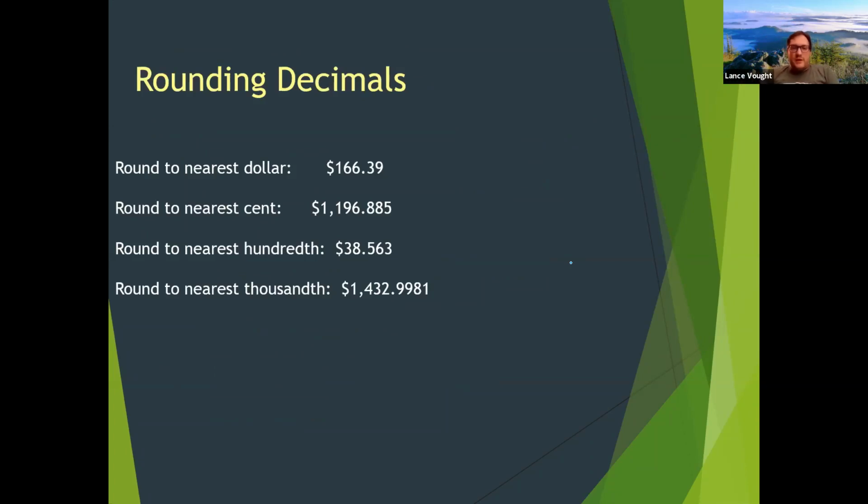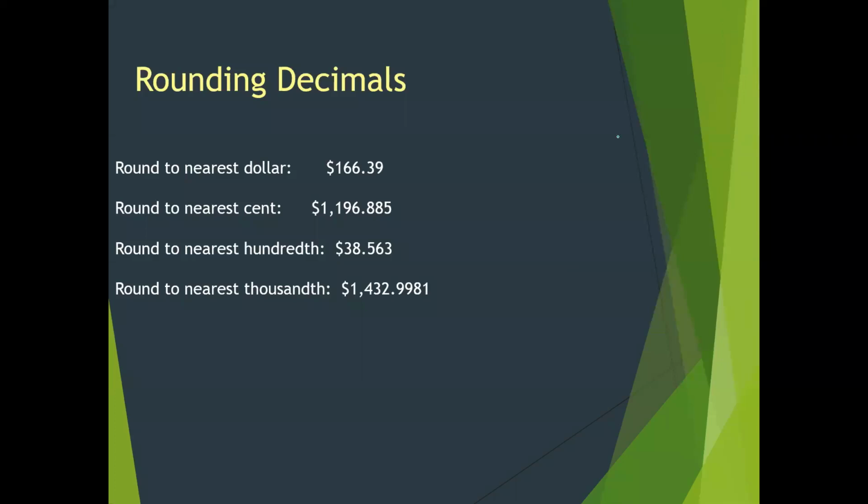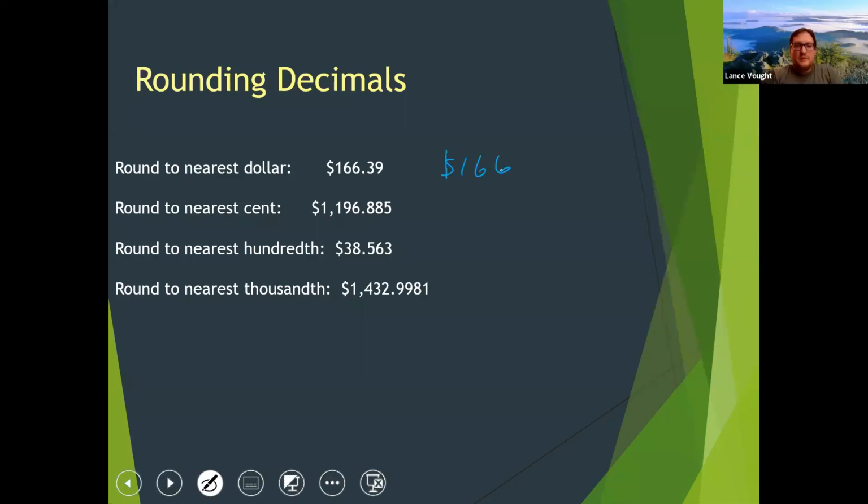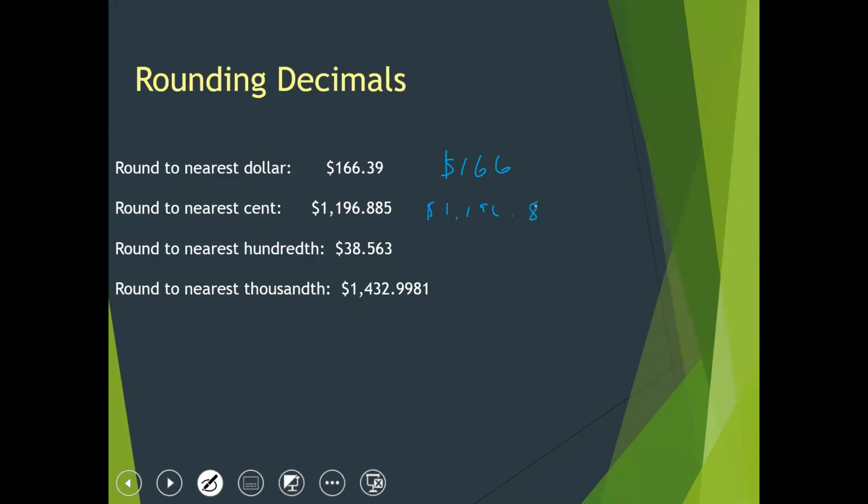So if we round to the nearest dollar for a 166.39, what will we get? 166. Correct. If we round to the nearest penny, then we get 1196.89.